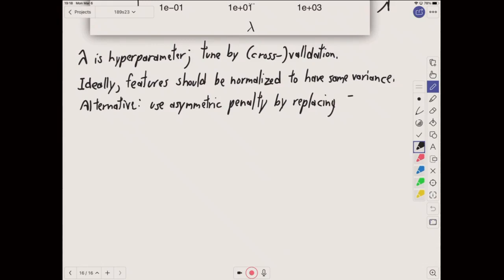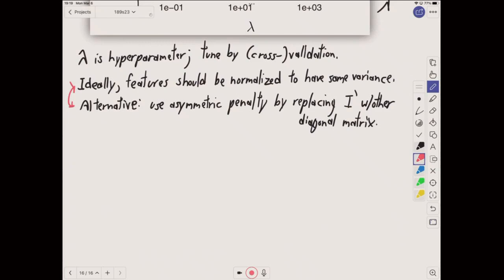And the way you can do that is you take I prime and you replace it with some other diagonal matrix where the diagonal items are not all the same. They don't all have to be ones. So really these two choices are kind of equivalent. You can show that if you choose the right entries on that diagonal, then both these methods will give you exactly the same solution. So there are two different ways to achieve the same thing.